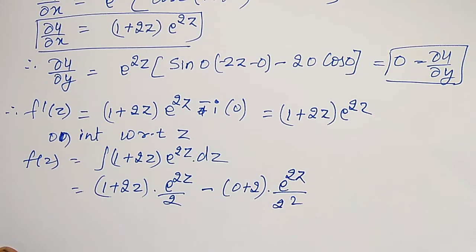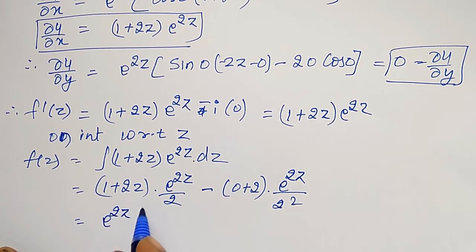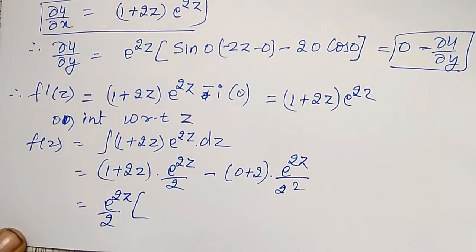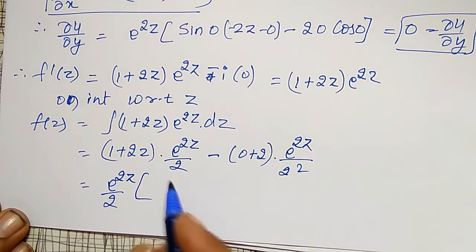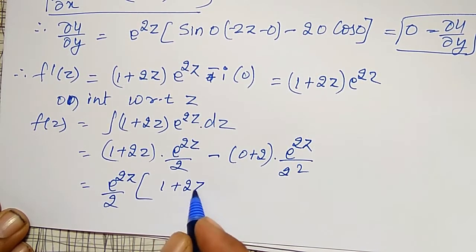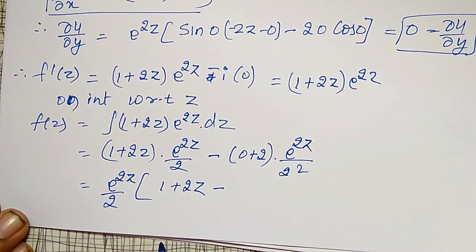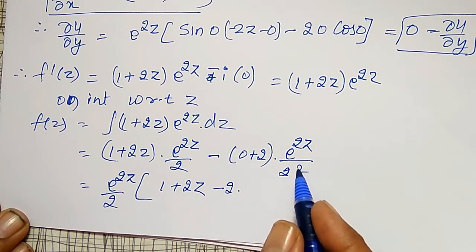To simplify this one, I will take e to the power 2z common, and also divided by 2 I can take common. Then I will be left with (1 plus 2z), this whole taken common, minus 2, and the 1 by 2 is already taken common.